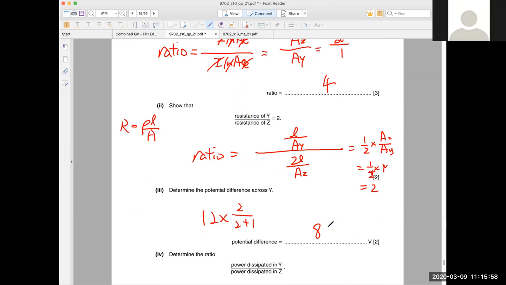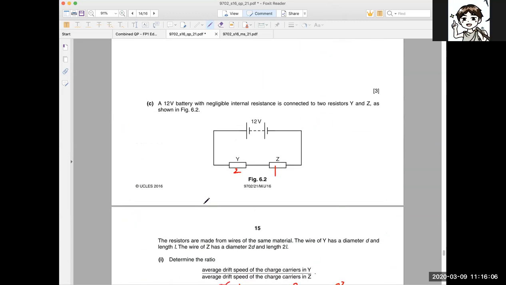Why 2 plus 1? That's the ratio of the potential divider. Small r and big R give you the potential difference across the small r. Okay.